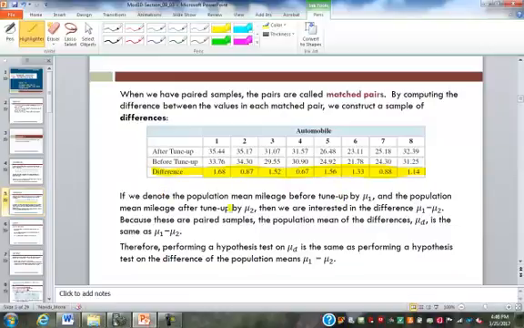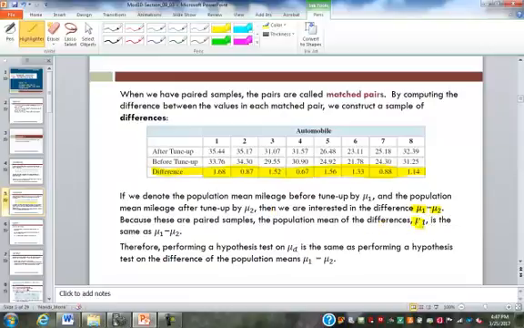And what we're testing is to see if the mean of those differences is equal to 0. So if we note the population mean mileage before the tune-up by mu1, and after by mu2, we are interested in that difference. Now here they're saying mu1 minus mu2, but up here they did mu2 minus mu1 to get these. So they're a little mixed up here because they did the after minus the before, and here they're saying before minus after. But these are paired samples, and the mean difference is mu d.